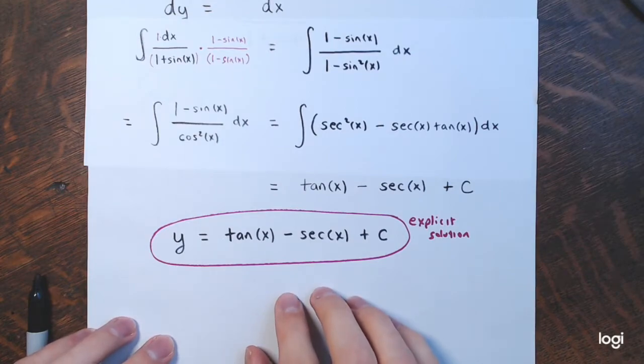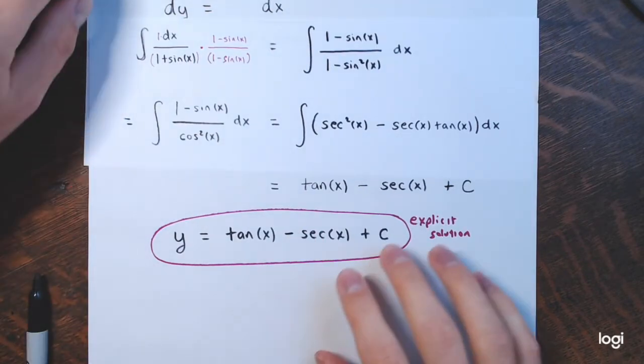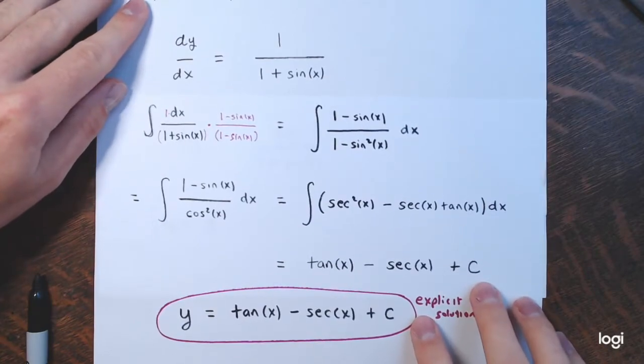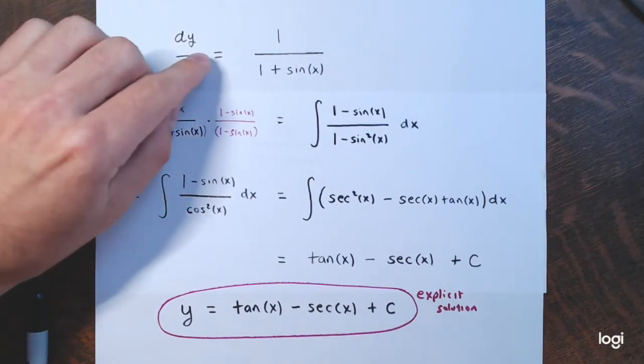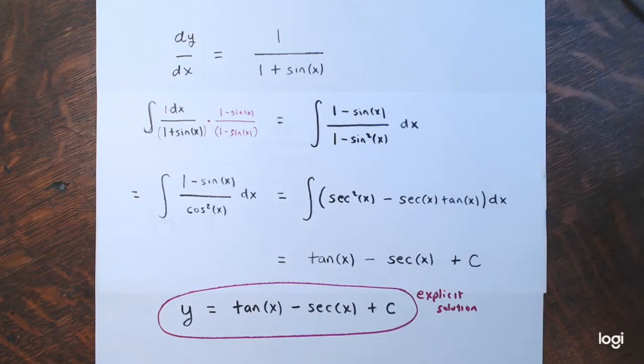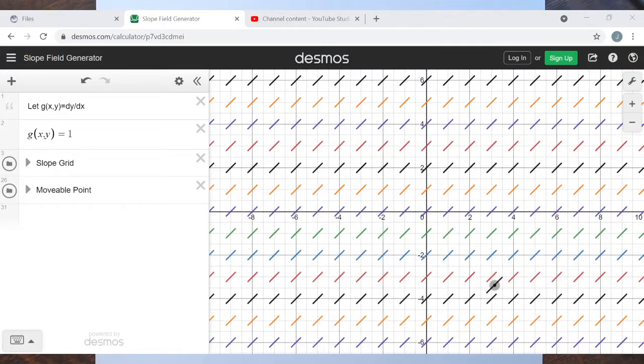Now another thing I'd like to show you, which I did in my last video on separable equations as well, is this is a first order equation, so I can look at its slope field. So I'm going to pull up a website here, this dy dx equals 1 over 1 plus sine x. And this is the slope field generator that someone created in Desmos.